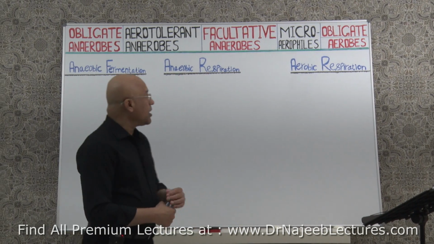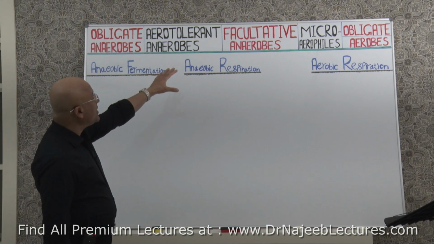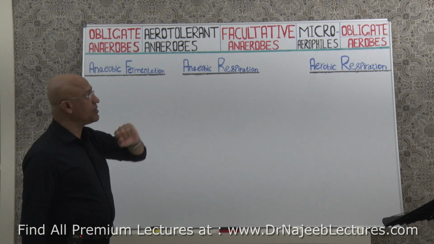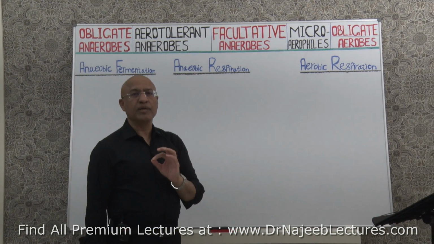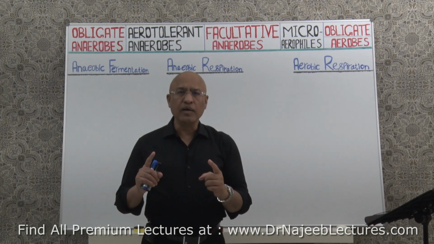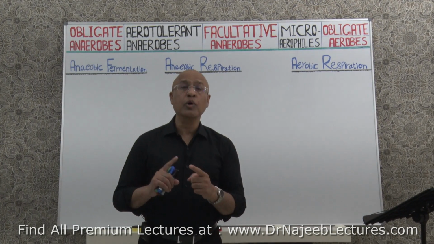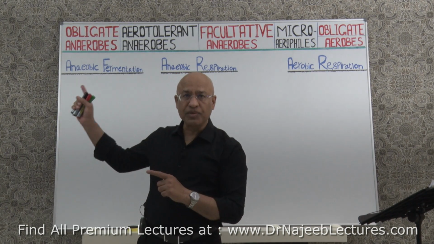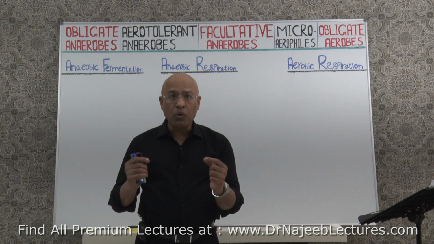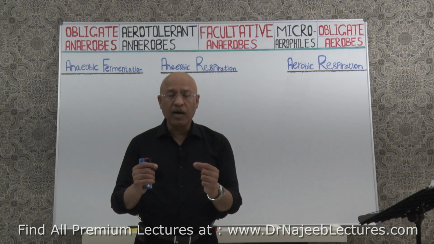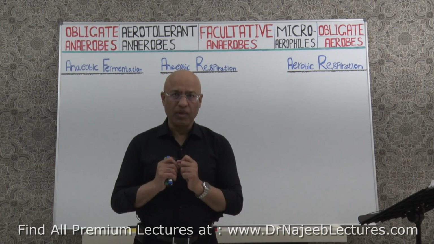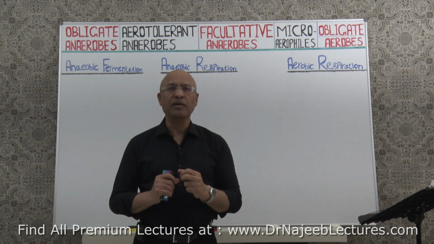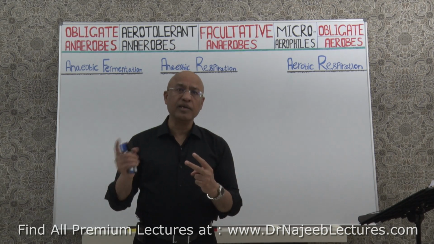Now, before we classify bacteria into these subclasses, the very important thing is we should know the relationship of bacteria with oxygen, right? This classification is based on how bacteria deal with oxygen. Now, there are two aspects related to bacteria dealing with oxygen.